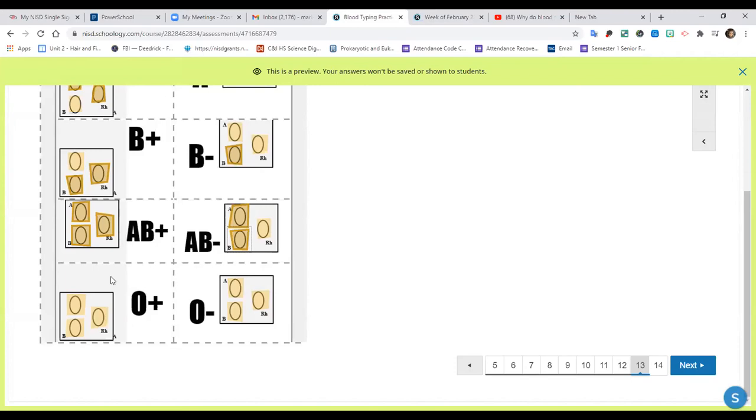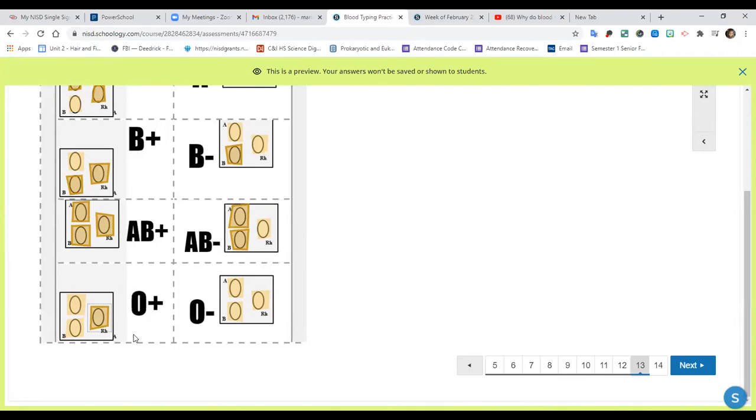O, keep in mind that has no A and no B. It has no antigens. It's bold. So it will not clump on A and it will not clump on B. It will look liquidy. But however, it's positive. So it will clump on RH. You see that? Yes. Very good.